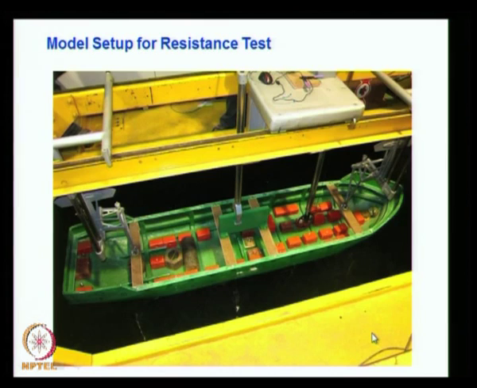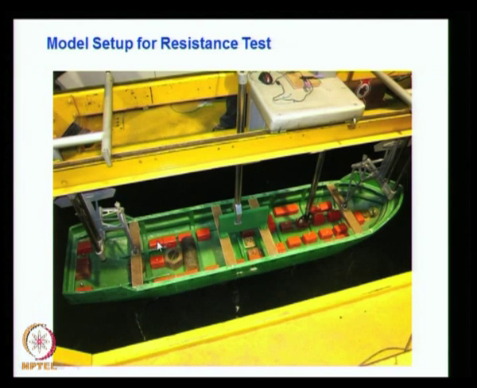So this is a model setup for the resistance. You can see here the model, and on the side of the model, first it has to be immersed or ballasted to the required draft.